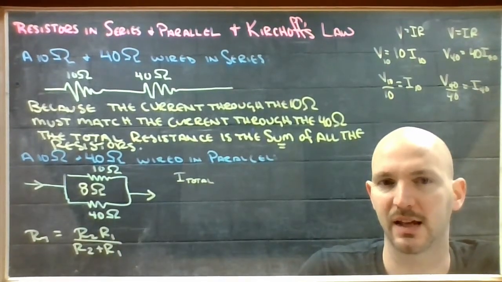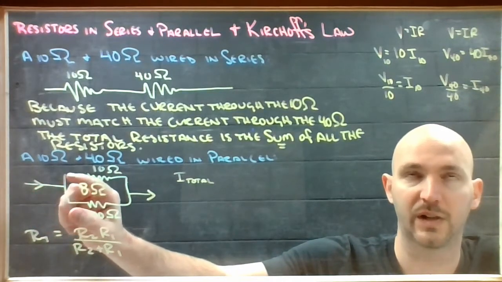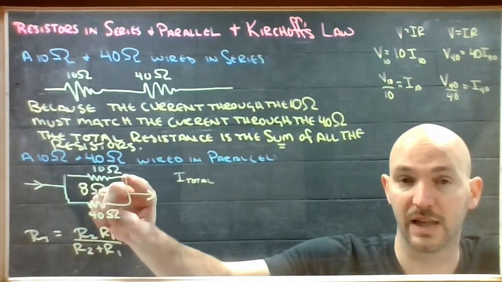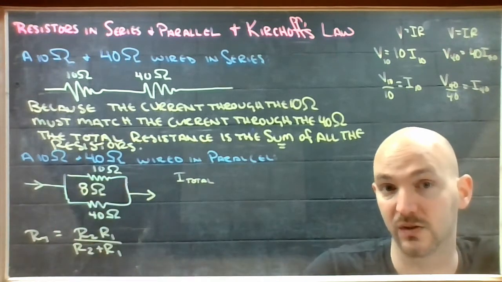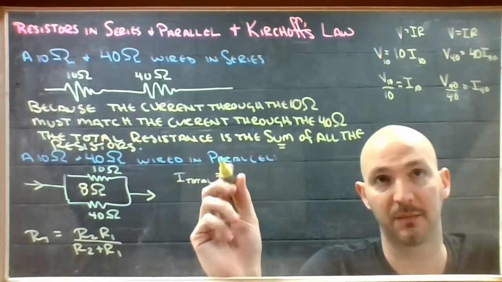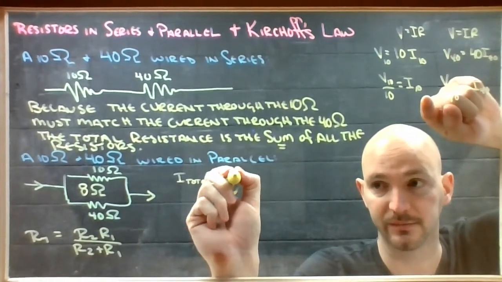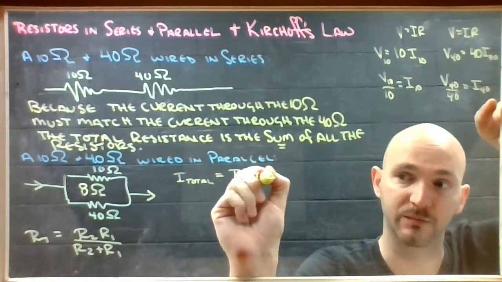Right? Electrons can't get lost. So if 50 of them went this way, and you figure out later that 20 of them went that way, then 30 must have gone here. 20 and 30 is the 50 that you started with. So your total current has to be the current through your 10 plus your current through the 40.